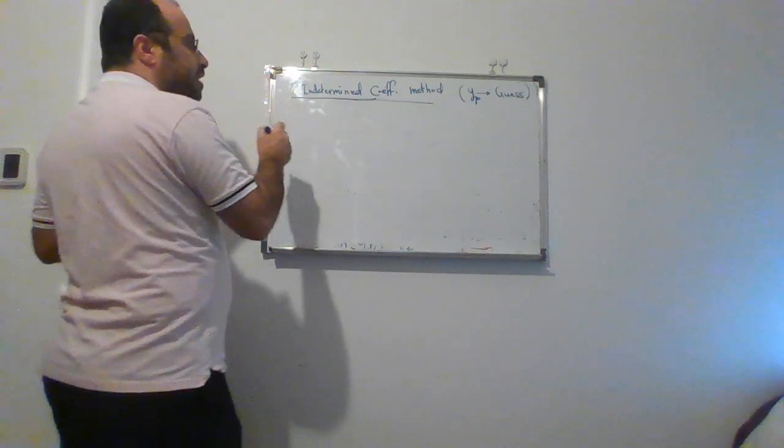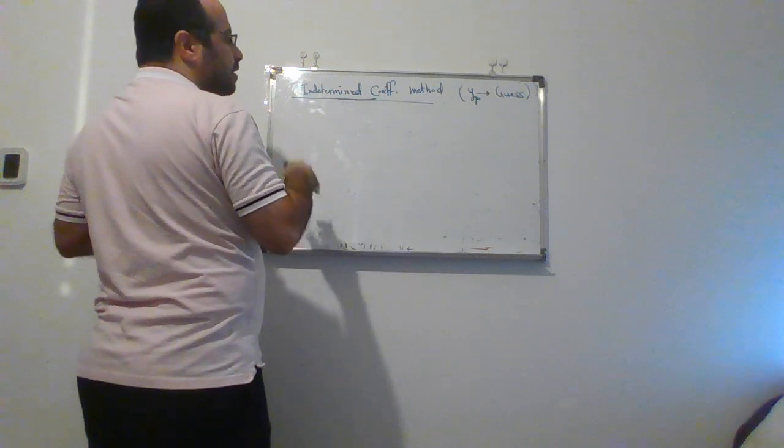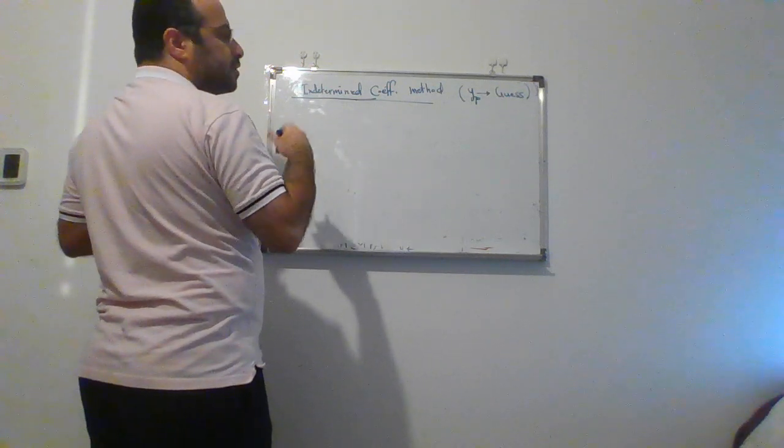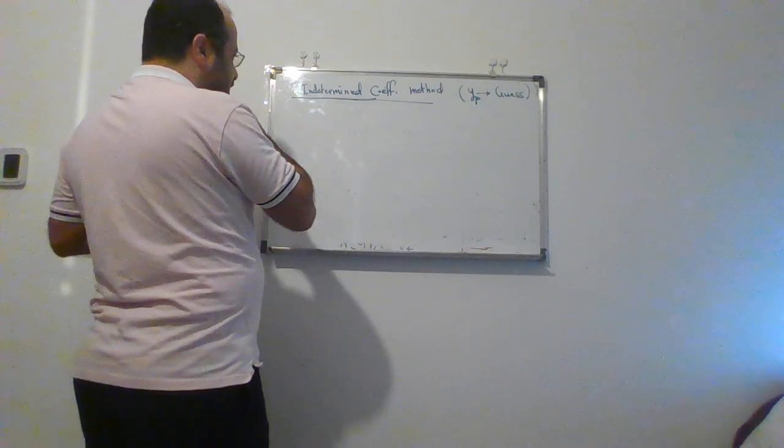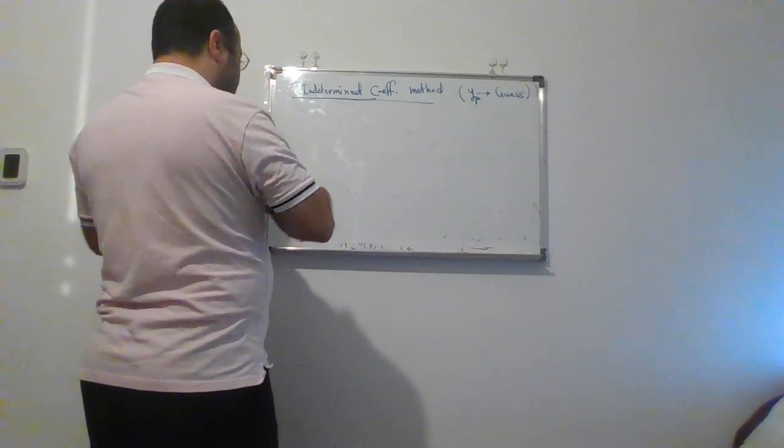I'm going to give you an example, and then I'm going to give you a table for how to guess any y particular if your function f of x is a nice function. So let me start with an example.